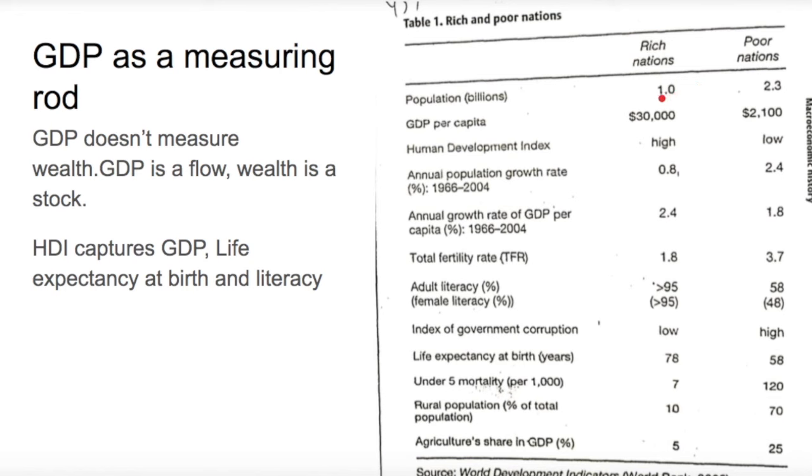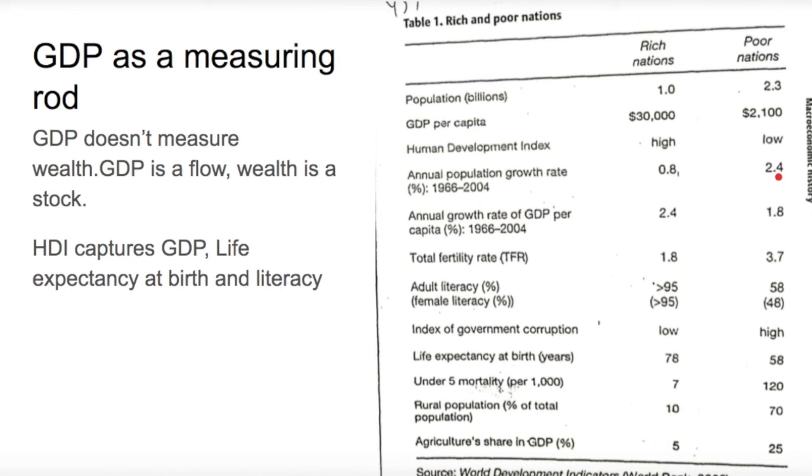Population in rich nations is way lesser than in poor nations. GDP per capita is also very different. The Human Development Index of rich nations is higher, whereas poor nations have a lower HDI. Annual population growth is 0.8% in rich nations, whereas it's 2.4% in poor nations.